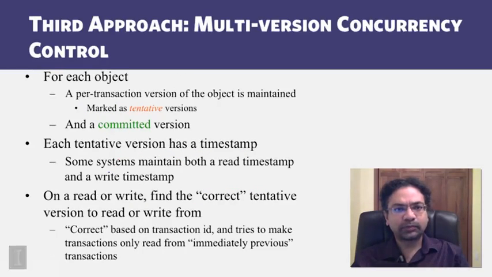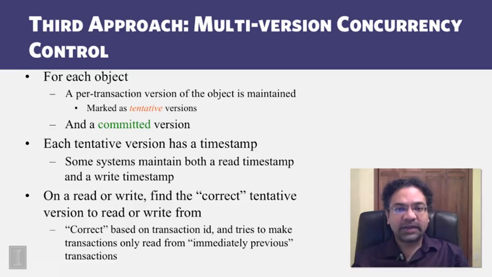So a third approach is known as multi-version concurrency control. This is used in several systems, including some key value store systems like Riak. Here, for each object, you maintain a per transaction version of the object, right? And so each transaction maintains its own tentative version of that object. You also have a committed version, which is maintained on the server side or on the database side.